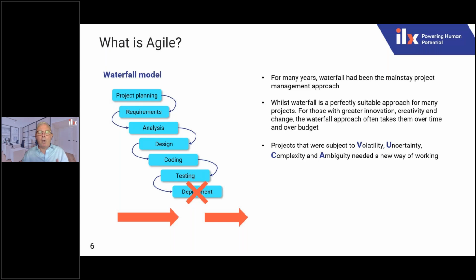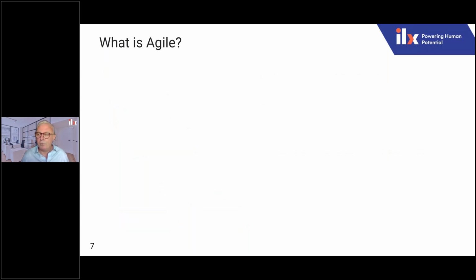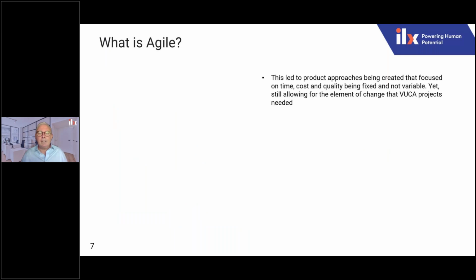And it's because waterfall wasn't working for projects that required innovation, creativity, and change, the industry started looking for new ways of working. This led to looking for projects that focused on time, cost, and quality, not becoming variable, but becoming fixed.